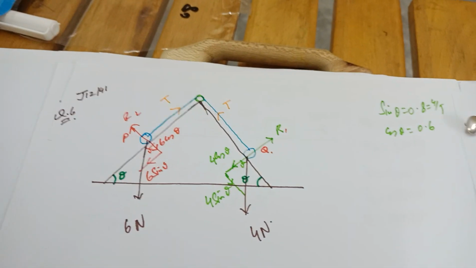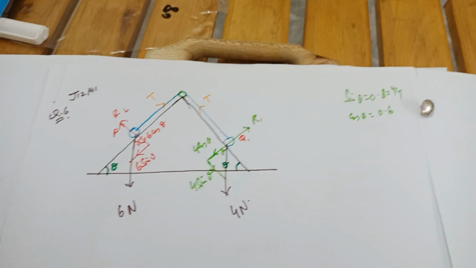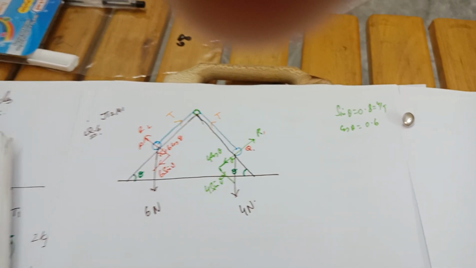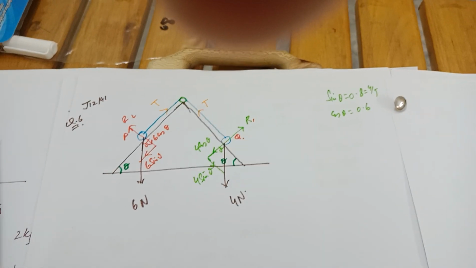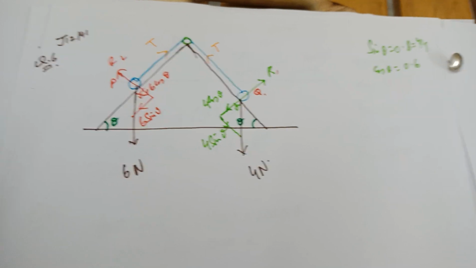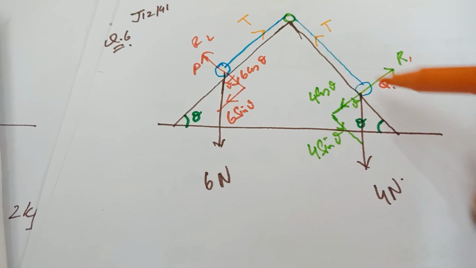Now the question says the particles are released and move along lines of greatest slope. Find the tension in the string and the acceleration of the particles while both are moving. Now this should be very easy for you. Particle P is heavier, so this would be going downwards, and this is going to go up the slope.